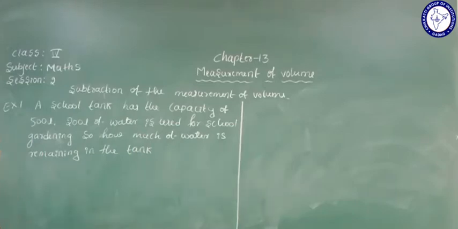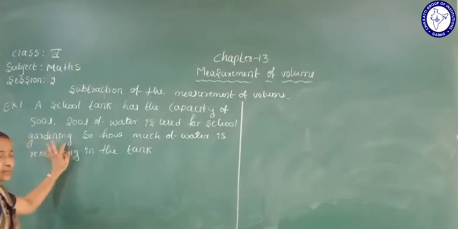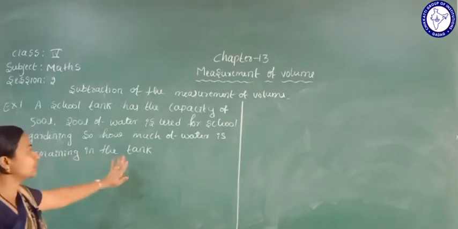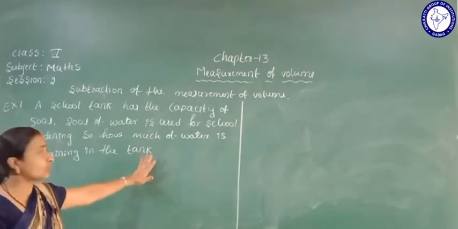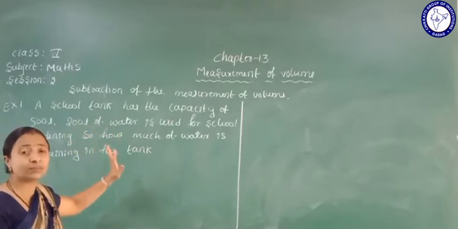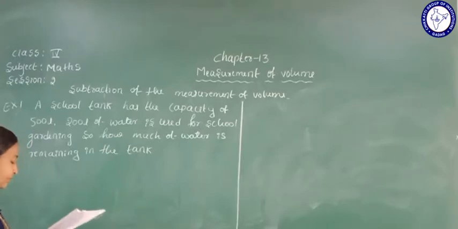A school tank has the capacity of 400 liter and 200 liter of water is used for the school gardening. So how much water is remaining in the tank? This much water is being used, so we will find how much is left.